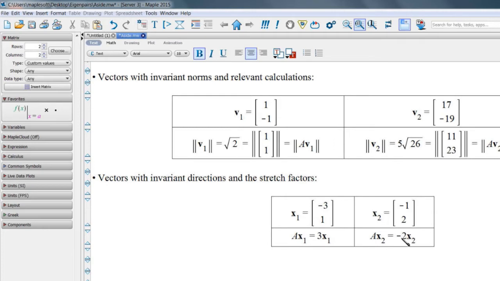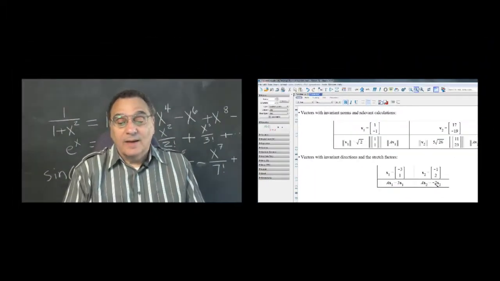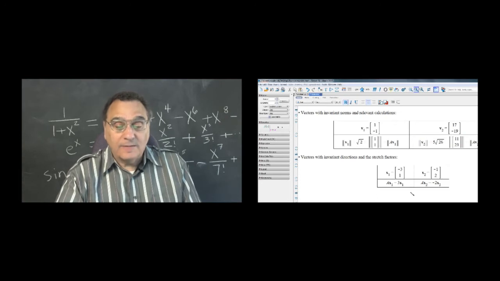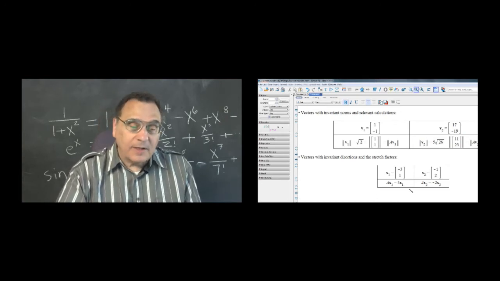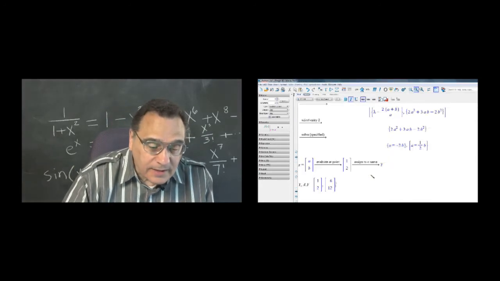Okay, so you can have different scenarios here, but it turns out that this paradigm is the more useful one in mathematics: preservation of the direction with maybe accepting a stretch factor. Okay, so much for that aside.